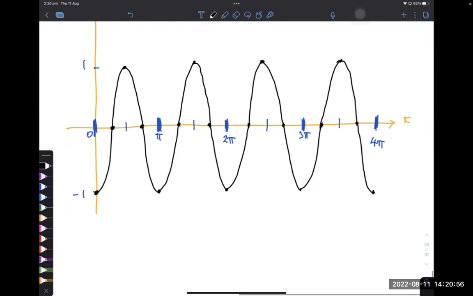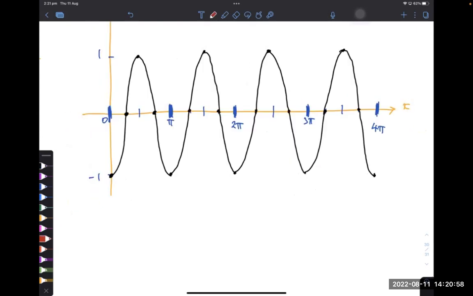What are some features that we need to label on here? We need to label some points, yeah? What are they? A max and min? Okay, sure. Min, max. What else would you label?